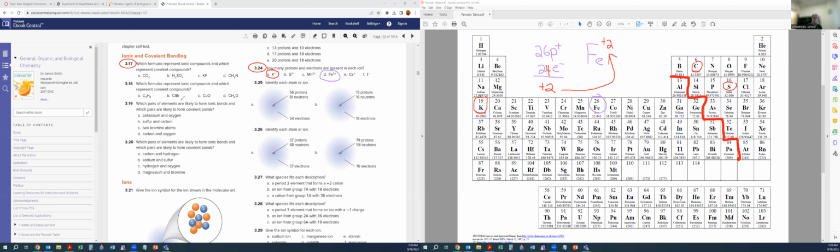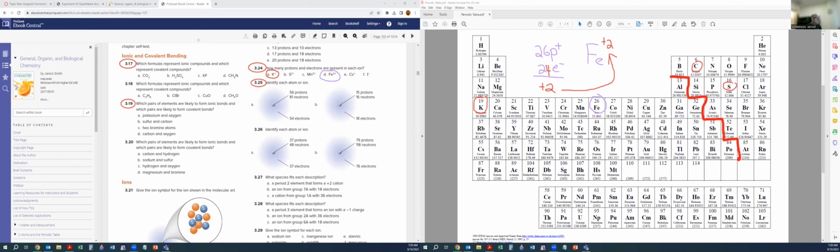Let's do one more. We did number 17, 19, 24. Let's do number 25. I'll just do one of them. Identify each atom or ion.